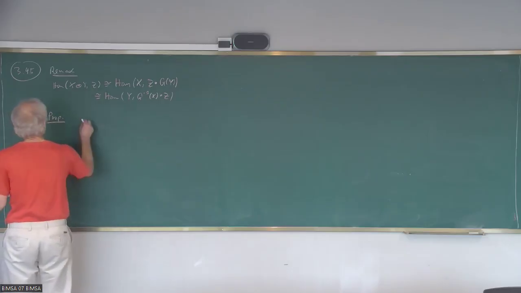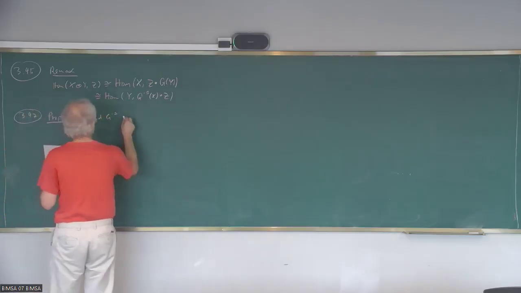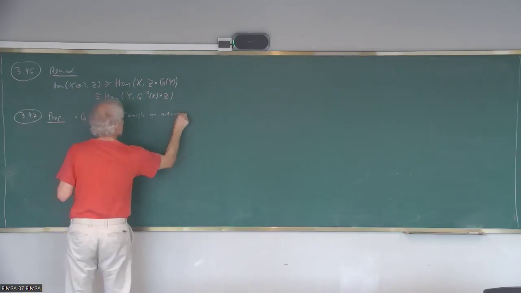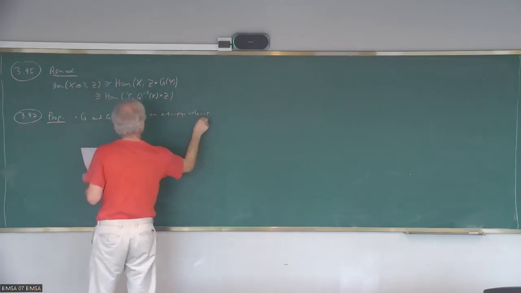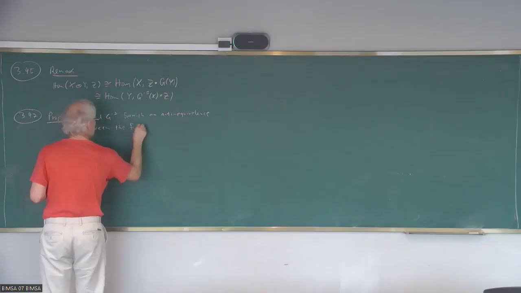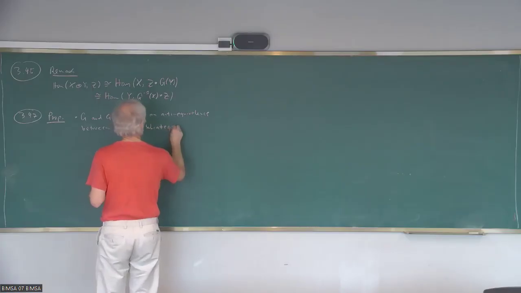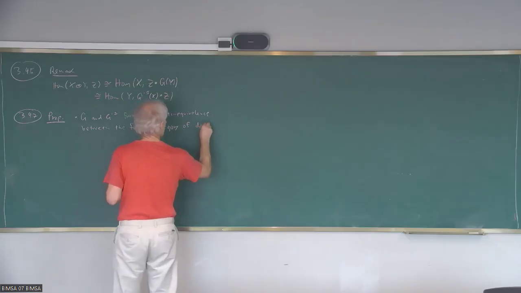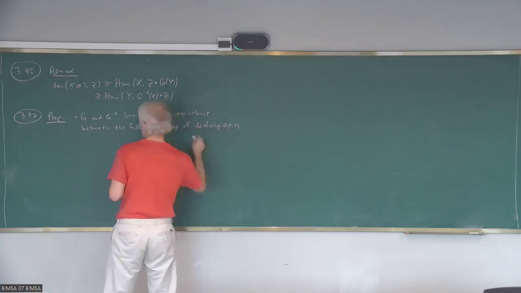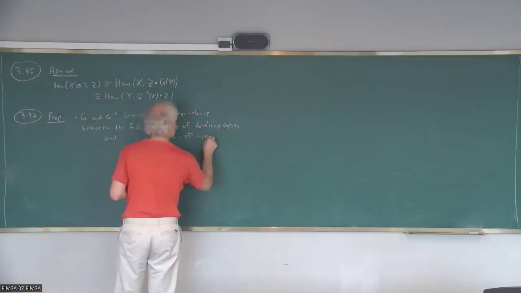Namely, it says that G and also G inverse furnish an anti-equivalence between two full subcategories of C, namely the full subcategory of dualizing objects in the sense just defined, and the full subcategory of invertible objects.